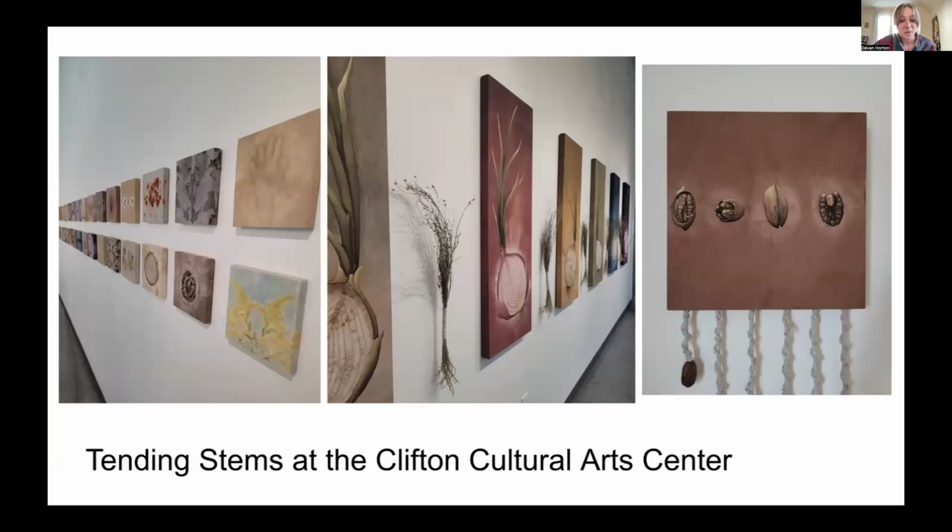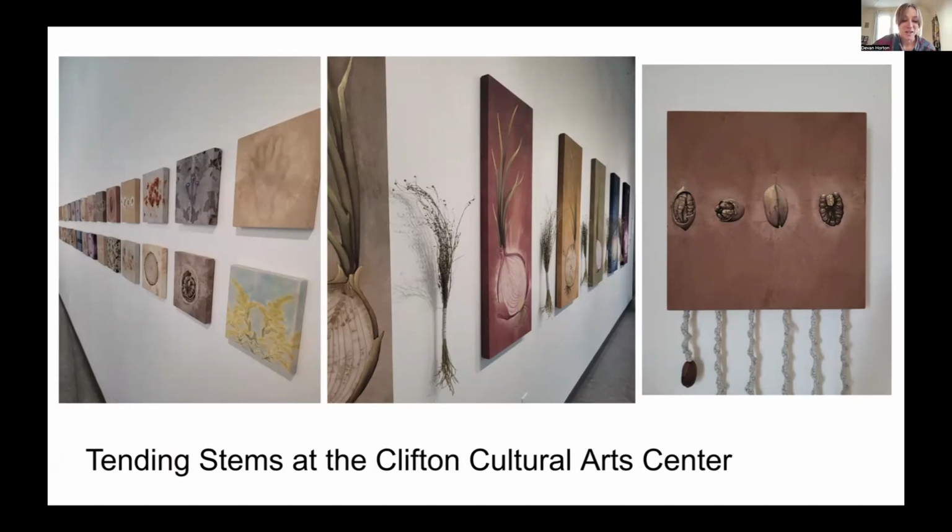So this is what my work is looking like right now. I'm working fully with the botanical mediums, all of the botanical dyes, a lot of homemade paints. I work so much with walnut ink and also some mica paint that I'm starting to play around with. I just did a really big show earlier this year called Tending Stems at the Clifton Cultural Arts Center.